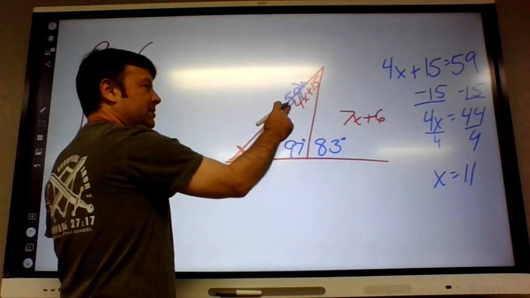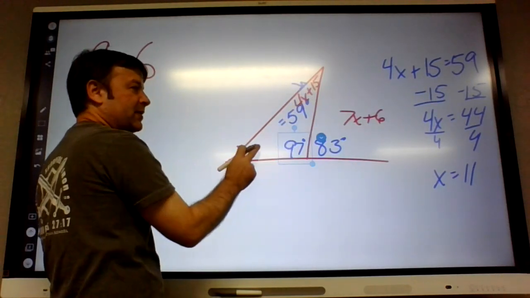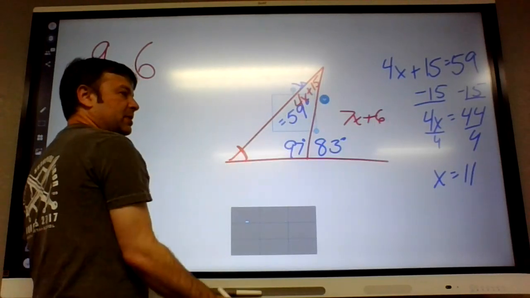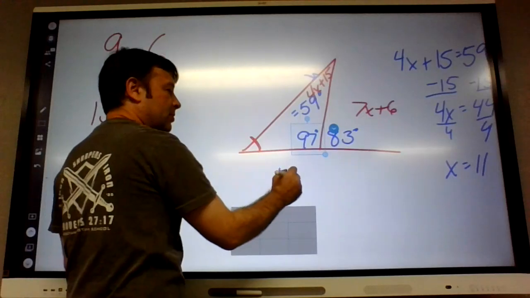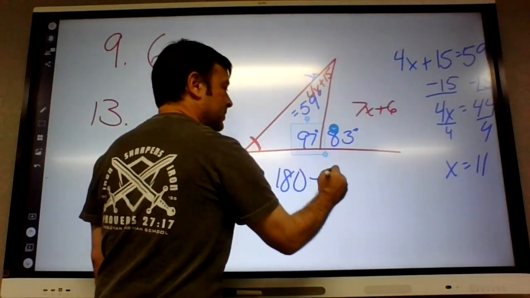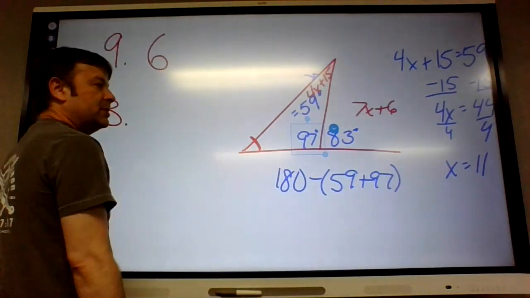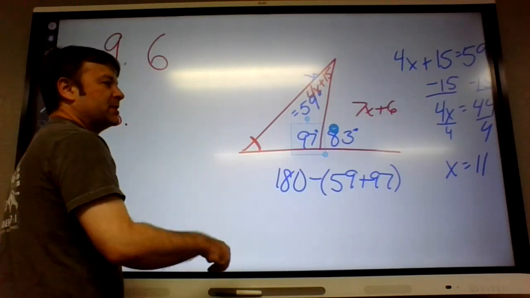Now we've got two angles in the triangle. So 59, 97, how do I find the third? What do I know about these three angles? They add up to 180. So 180 minus 59 plus 97 would do it. I don't suppose anybody remembers the other trick, do they?